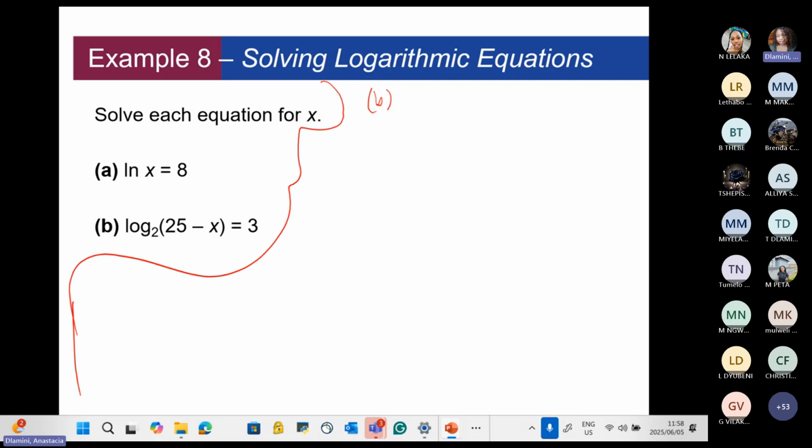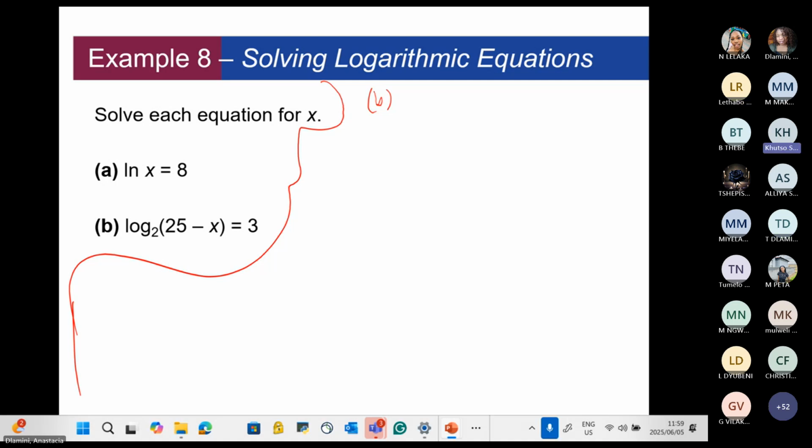Ma'am, you said something, but I don't think it is what I want, the way you say it. Maybe I'm using the wrong method for the wrong equation. Ma'am, can't we say 2 to the power of 3 is equal to 25 minus x?